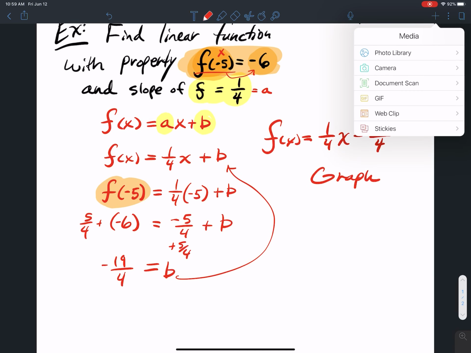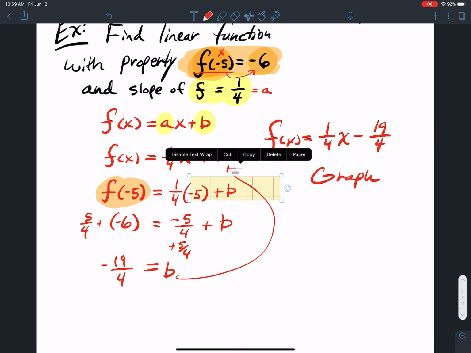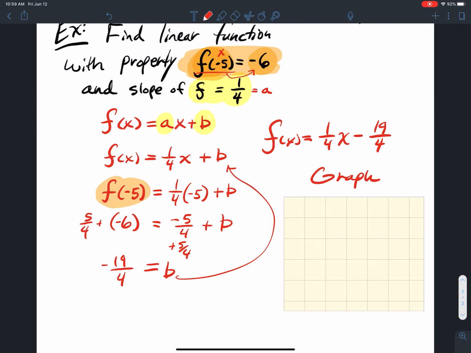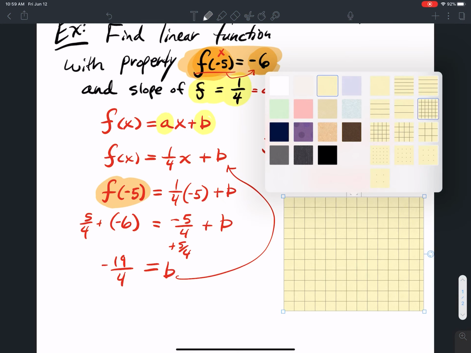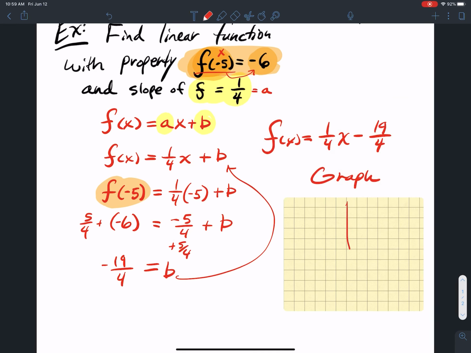Okay, let's add a little sticky in here. -19/4, that's my y-intercept. So I'm going to go down 1, 2, 3, 4, and a little bit more, like -4.75, so about right there.